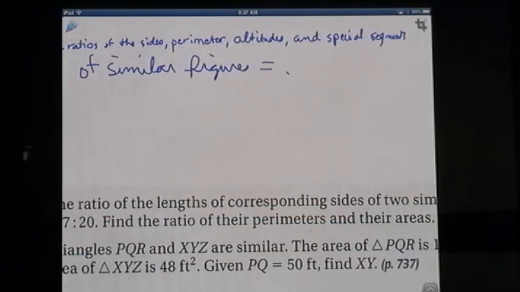Okay, special segments are things like mid-segments, those kinds of things. Okay, the ratios are equal.